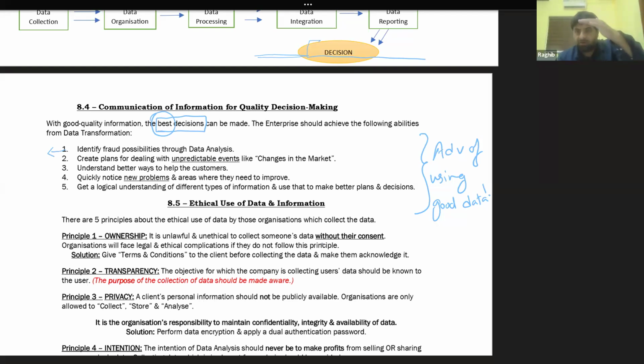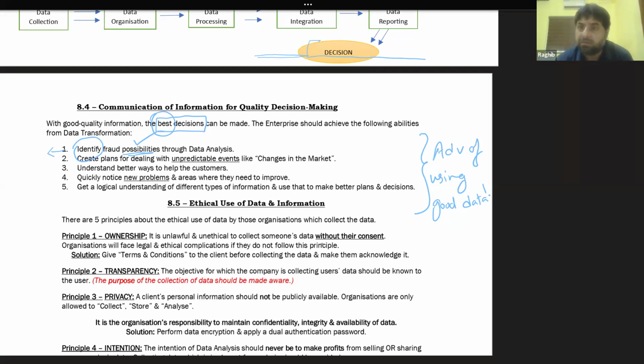If we take all those transactions data, maintain it and process it properly, then among all those transactions, if there are any fraud transactions, even fraud possibilities, we can easily identify them through data analysis. I am not talking about the fraud event, we are talking even about fraud possibilities.